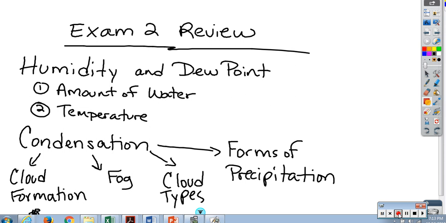But as the precipitation falls, it can encounter different layers of air at different temperatures. And so depending on the air temperatures through which it's falling, that will determine the type of precipitation that you're going to see at the surface.